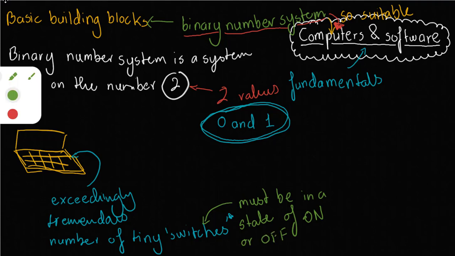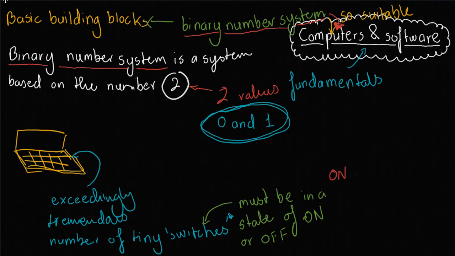If you take a few seconds, you should be able to realize that the binary number system is very suitable for representing the on and off positions. The on position can be represented by 1, and the off position can be represented by 0.